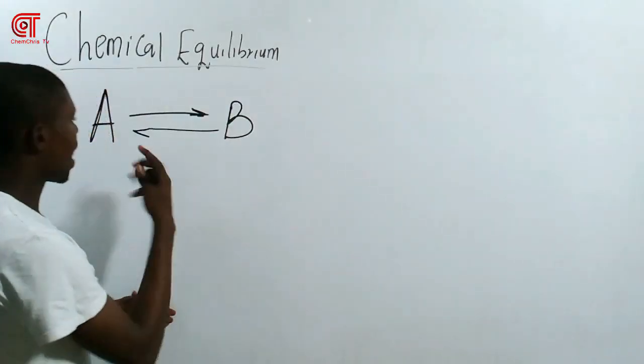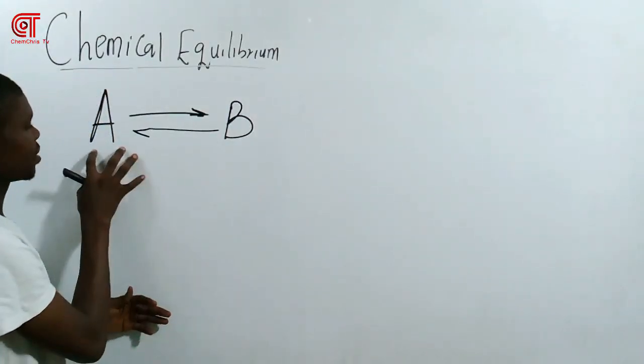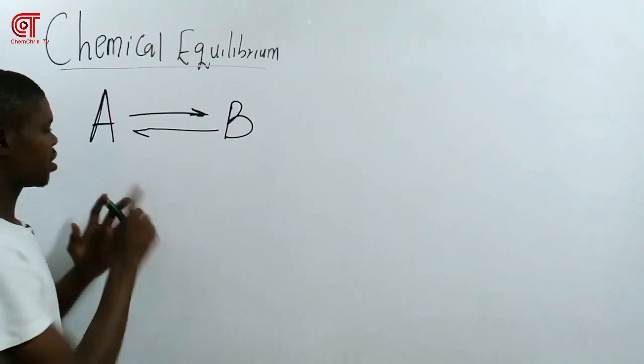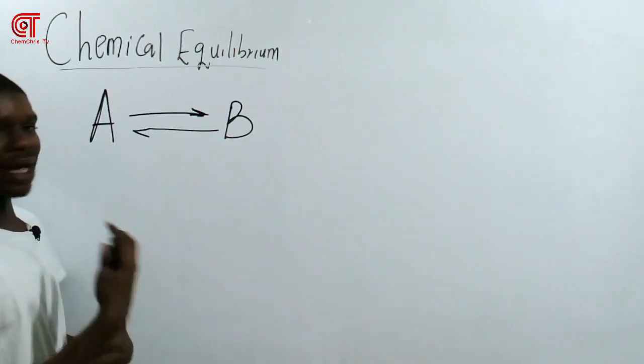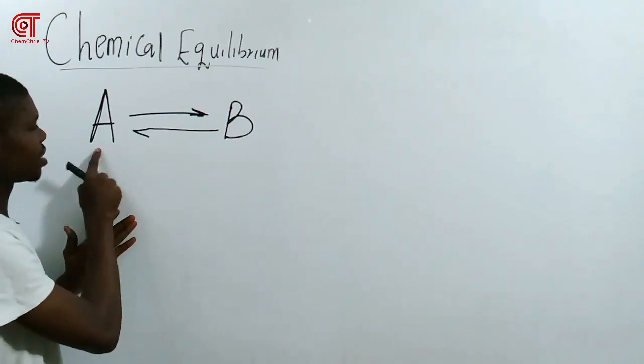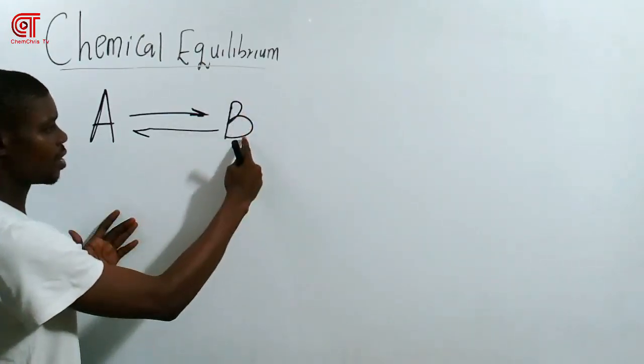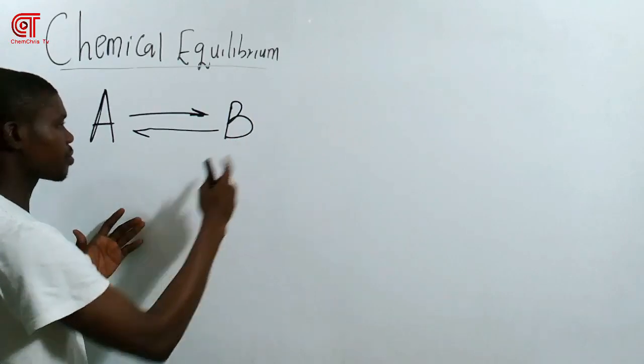So at first, or at the initial stage, we have more of the concentration of the reactant. Now as time elapses, the reactant starts to decrease to produce B, which is the product.